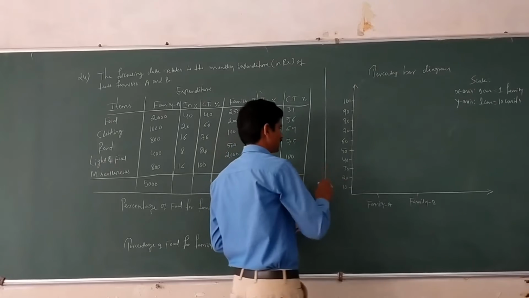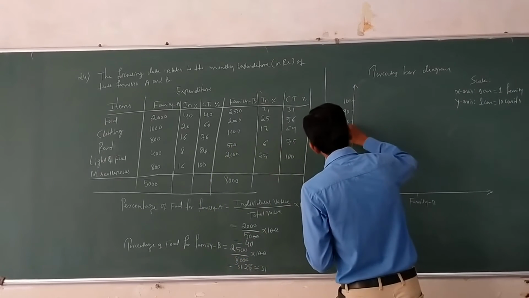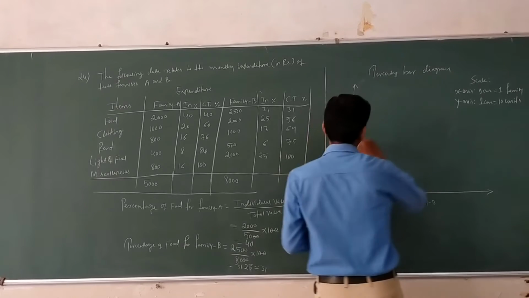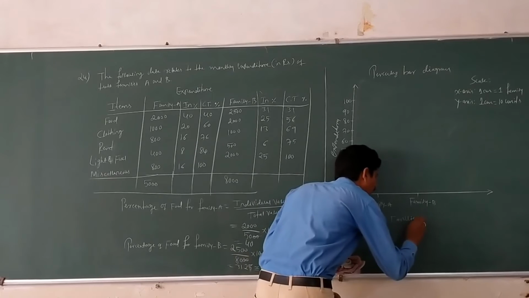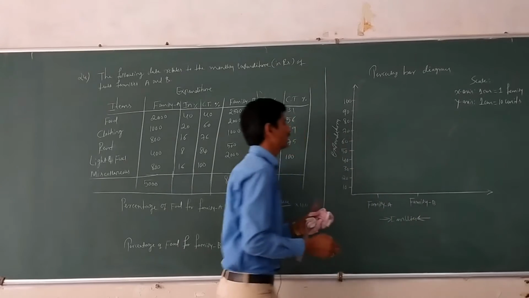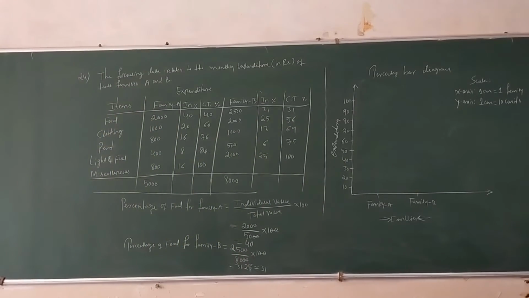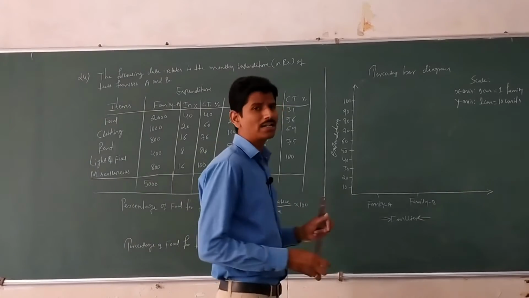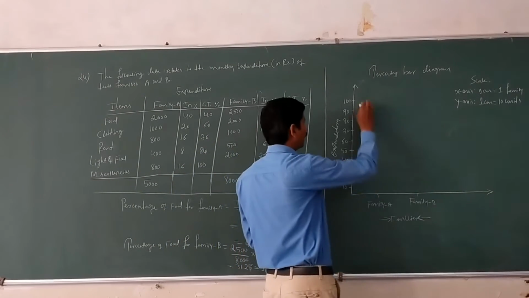These are the expenditures, and these are the families. Now, how to draw the percentage bar diagram? Here the bars are drawn with height equal to 100 each.